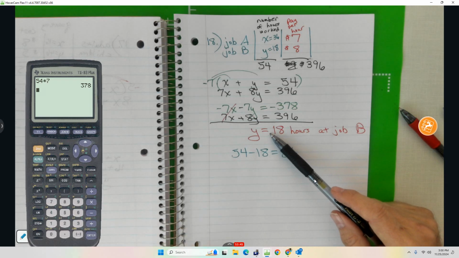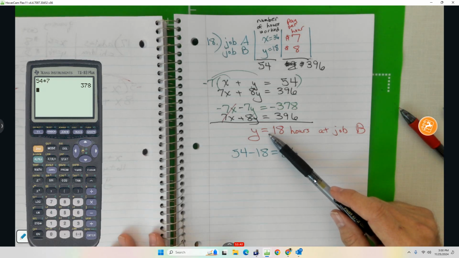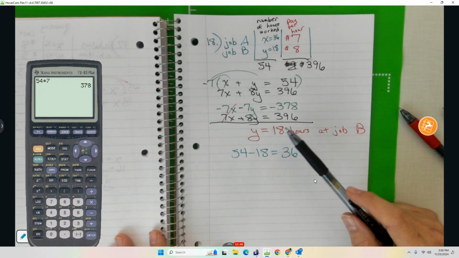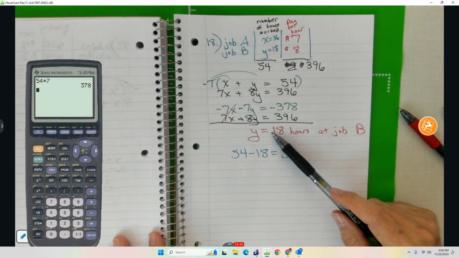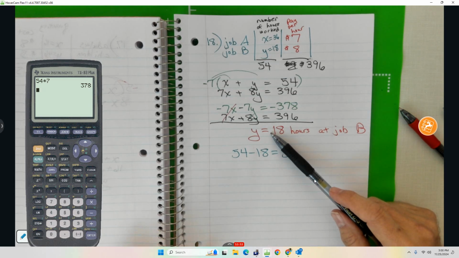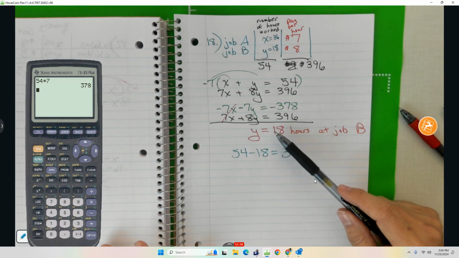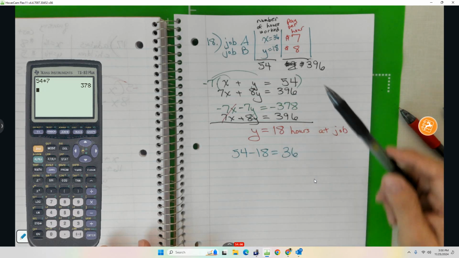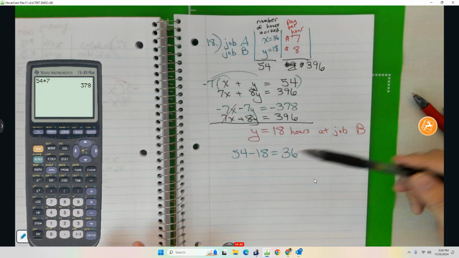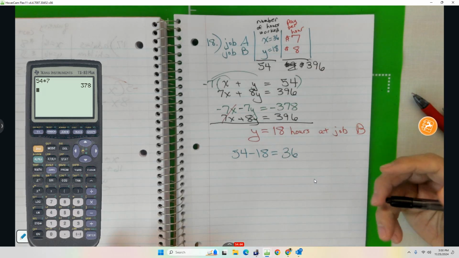What should that have told me? If I'd gotten y equals -18 hours, what should that have told me? There's something wrong. You can't go to work and work -18 hours. For these quantities that we're looking at, none of them should be negative.